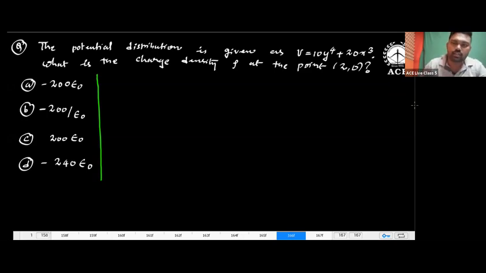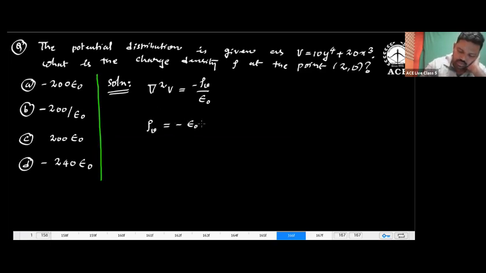X is equal to 2, Y is equal to 0. So here rho V is equal to, we know what is the Poisson's equation. Del square V is equal to minus rho V by epsilon naught if you consider. So what is this rho V, beta? Minus epsilon naught into del square V. What is this del square V?